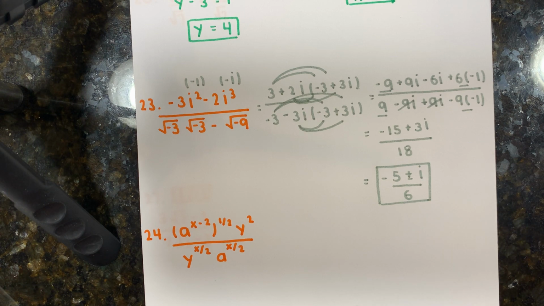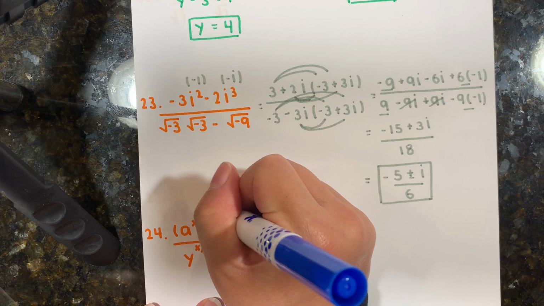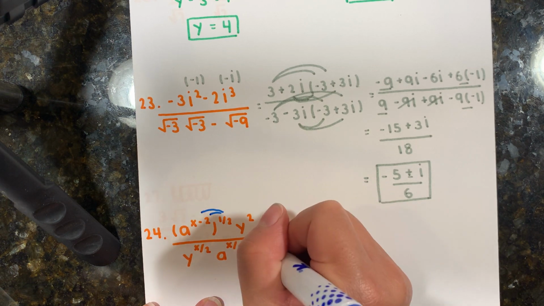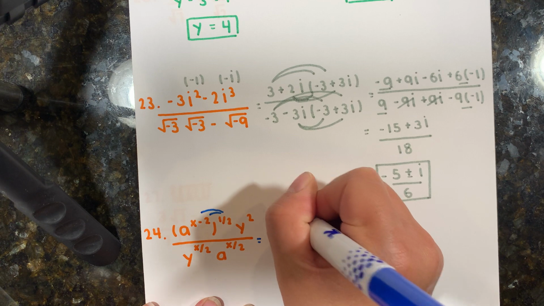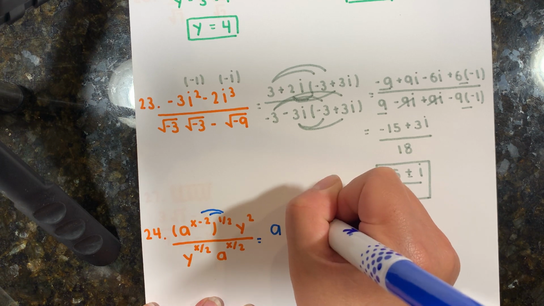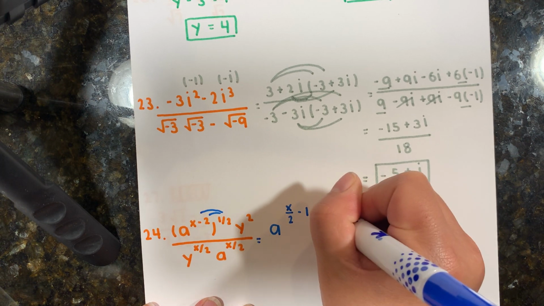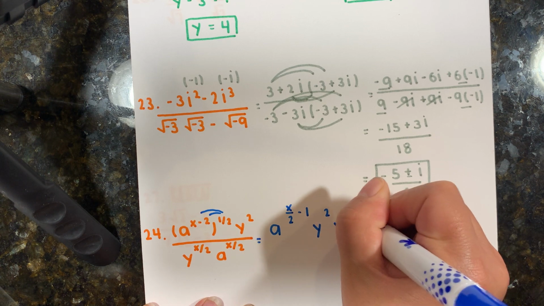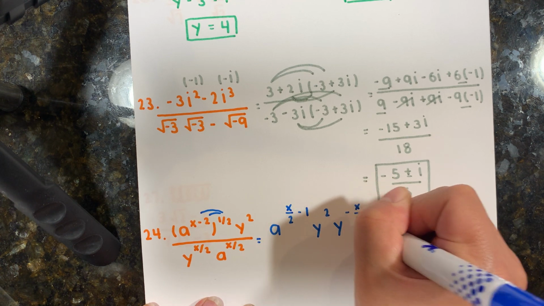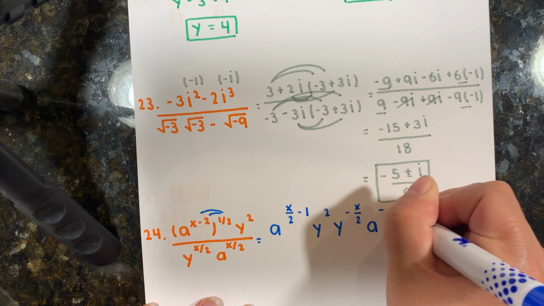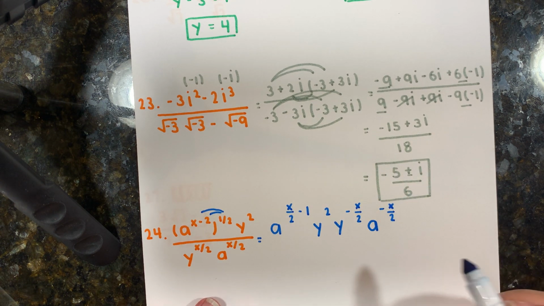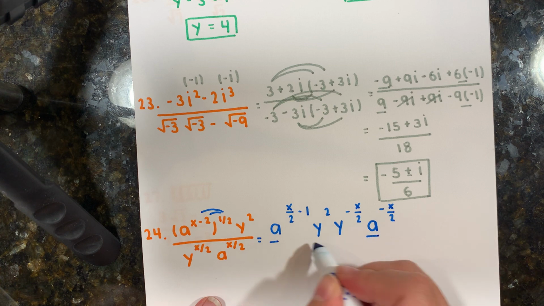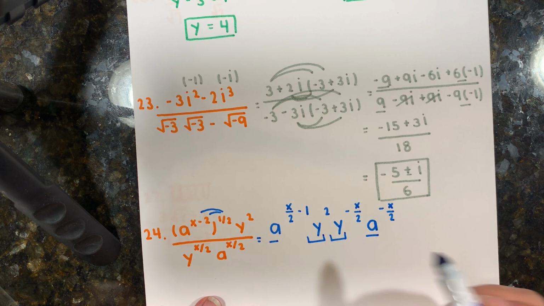Now looking at number 24, I'm going to start by distributing this 1/2. So I have a to the x over 2 minus 1, y to the 2, y to the negative x over 2, and a to the negative x over 2. And now we're going to add the a's together and the y's together.